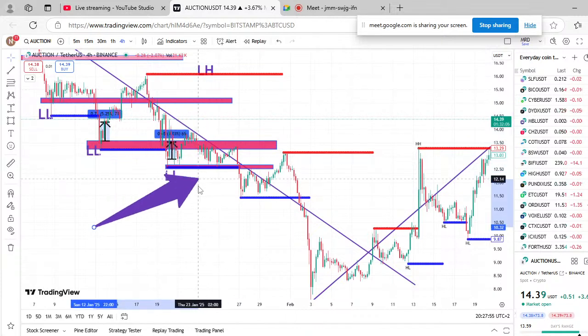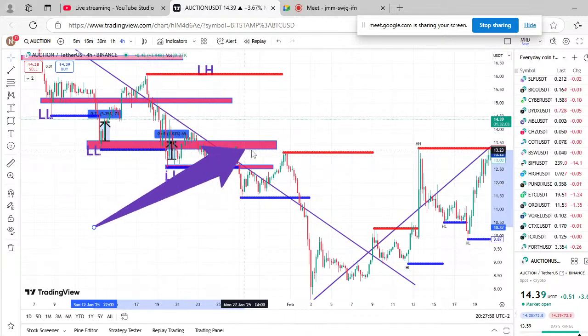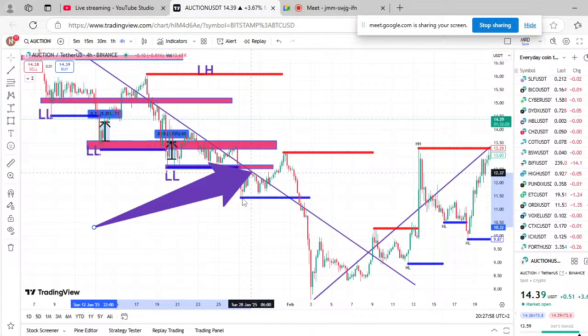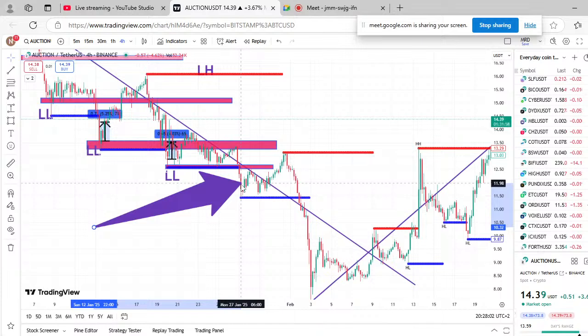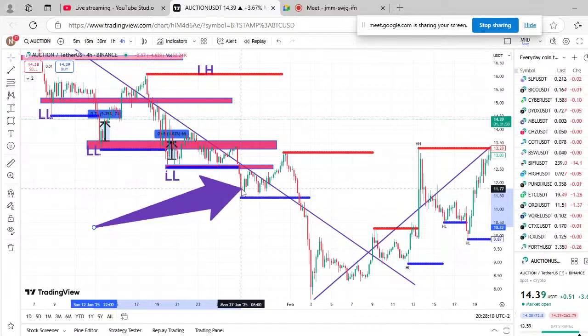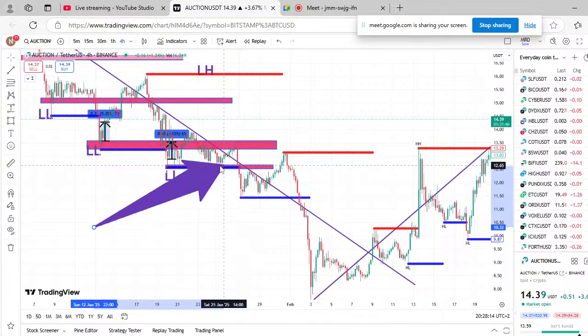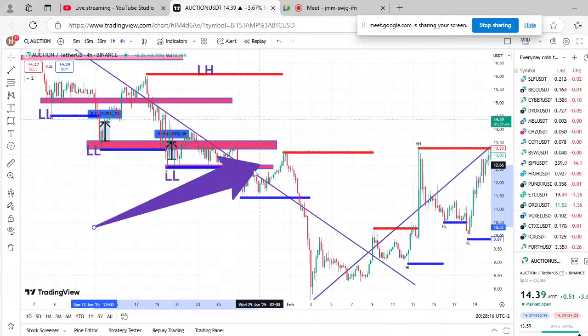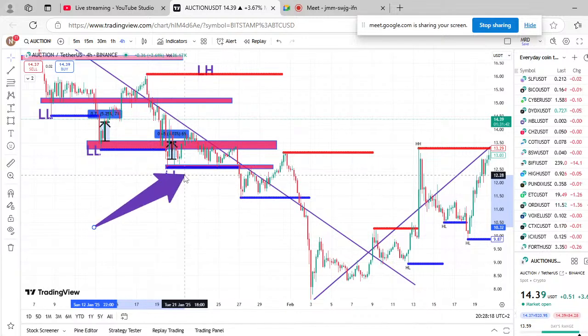Believe it or not. Then, when you look at this point, after breaking the line, I told you to wait for the market to form the lower low. After confirming on 1 hour, again you enter the market. The target will be the previous line, which is connecting the lower low here.